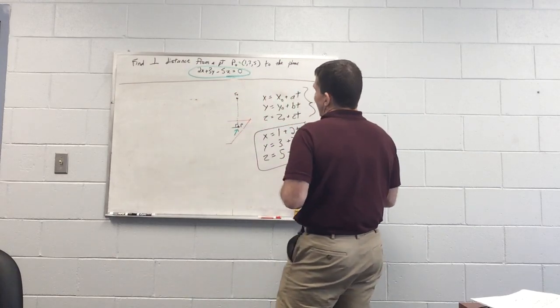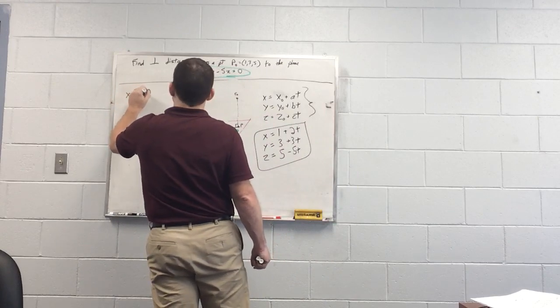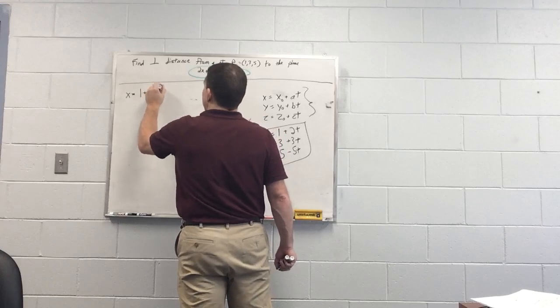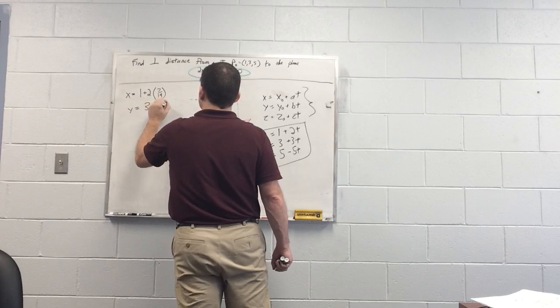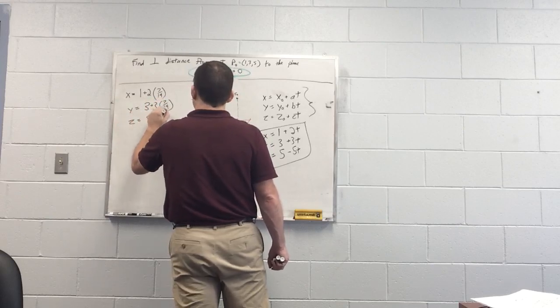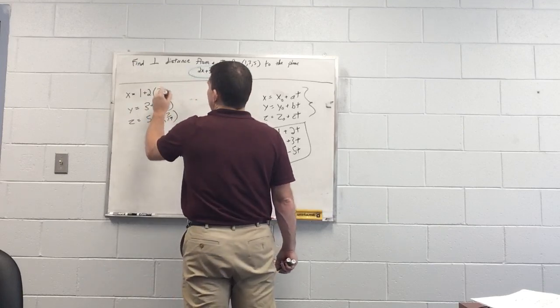And I get x is equal to 1 plus 2 times, whatever it was, I just erased it, 7/19. Y equals 3 plus 3 times 7/19. Z is equal to 5 minus 5 times 7/19. And solve those out.